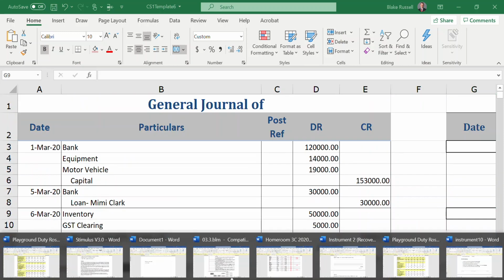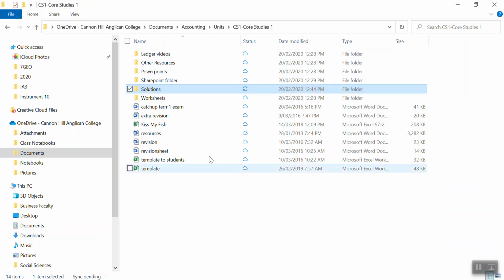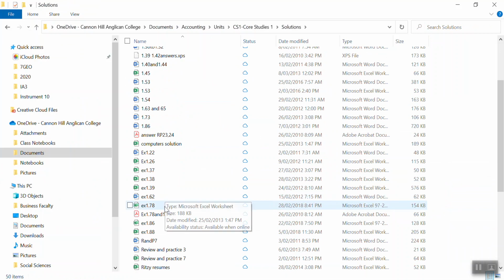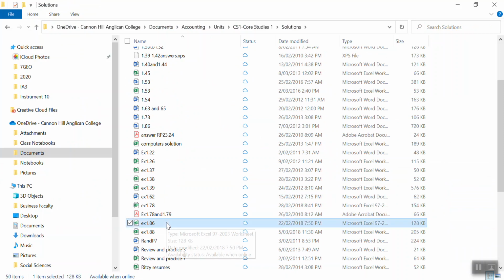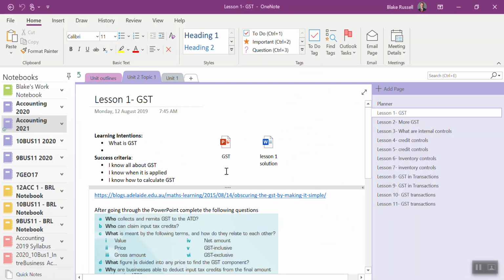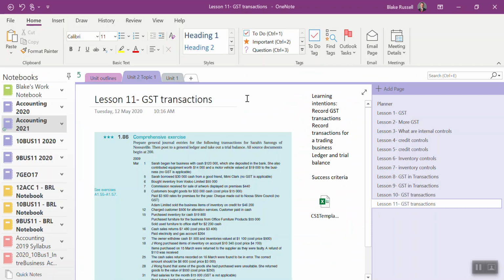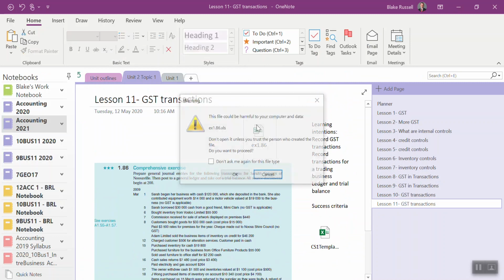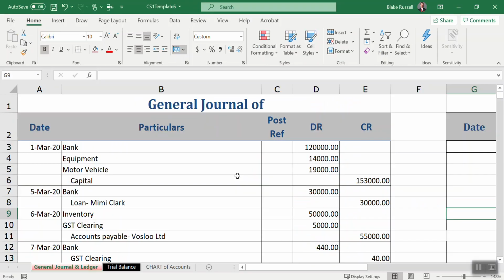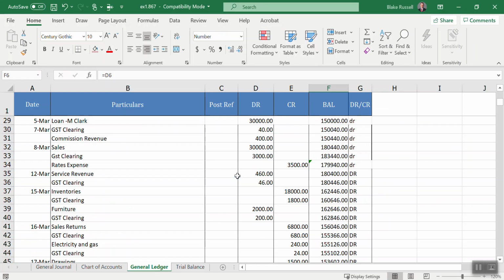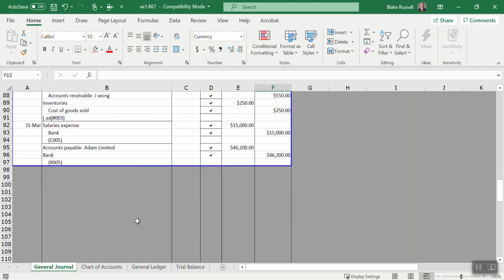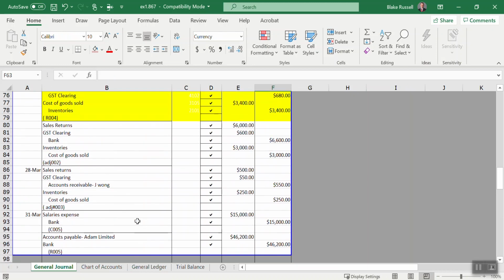So there's the solution, it's up online.